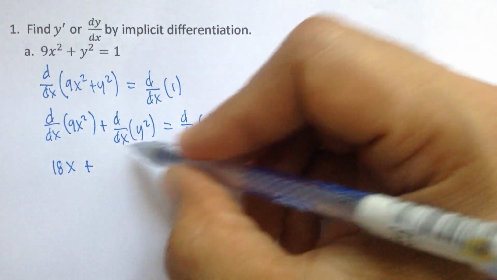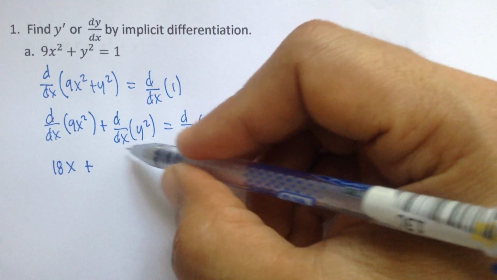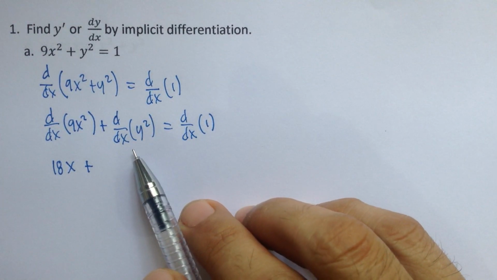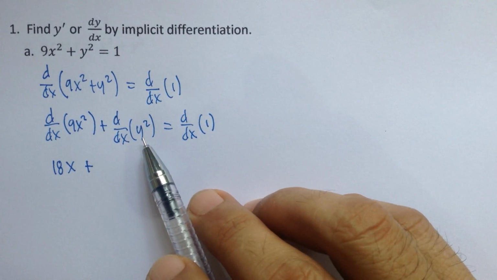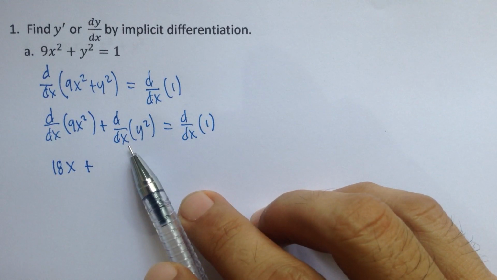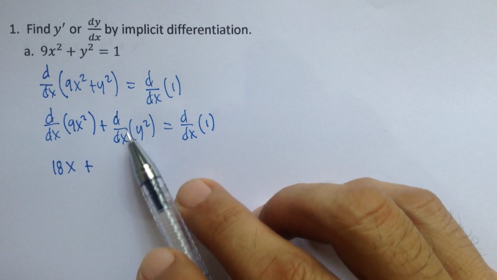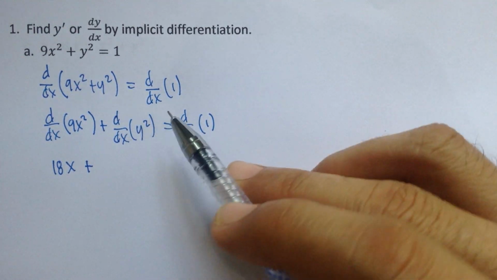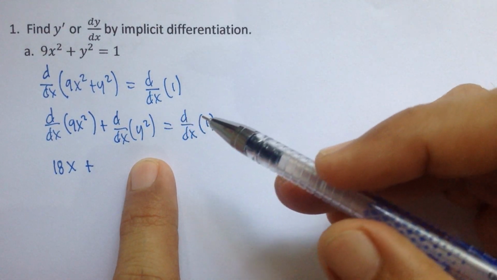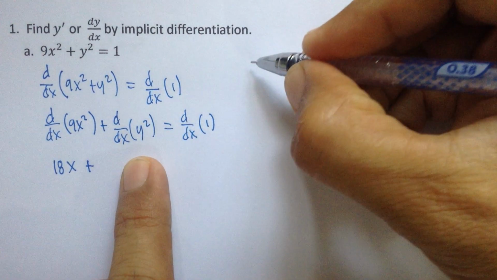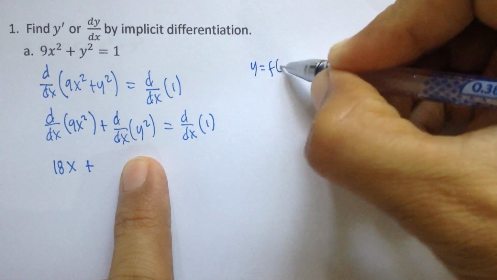So for this part of the expression, remember that you are computing the derivative of y squared with respect to x. If it is the derivative of x with respect to x, then it would be easy, but for this one, we're going to use the chain rule, because y is actually your f of x, no?